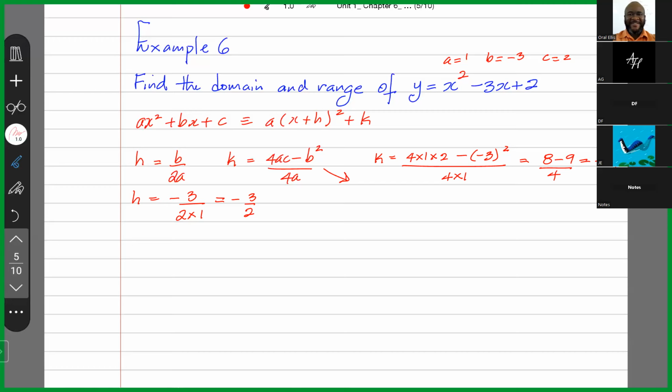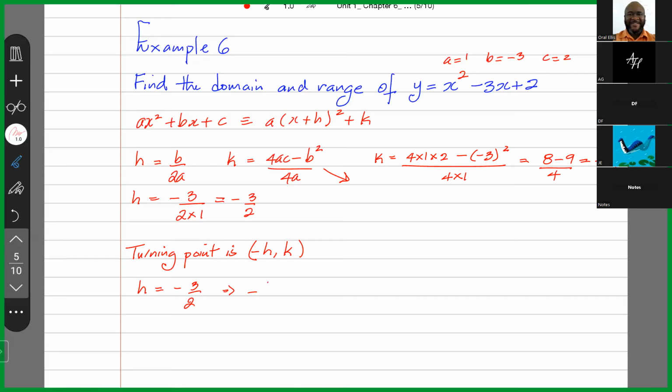Now, what is the significance of h and k? The turning point is minus h, k. That's the turning point. In this case, the minimum turning point. So h is minus 3 over 2.